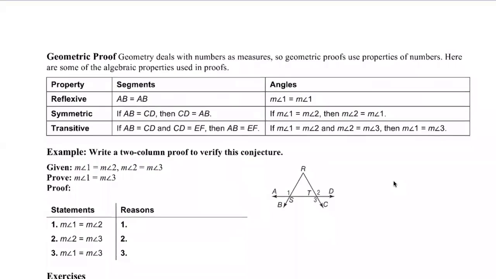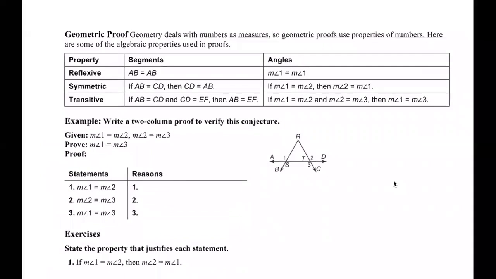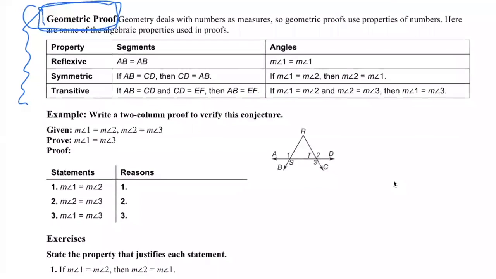Flipping over to the back side, I'm just going to briefly talk about this, and you'll finish the exercises for homework. This right here, guys, we're just slightly transitioning to a geometric proof, okay? All it's saying is your original properties of reflexive, symmetric, and transitive property, it's just letting you know that not only does it apply to algebra, it also applies to geometry, right?